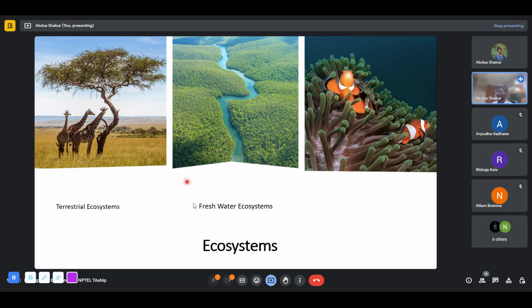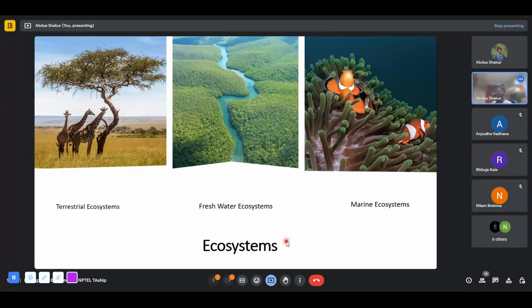and then you have freshwater ecosystems. Rivers, lakes, ponds, streams, all this together comes into freshwater ecosystems. And then you have marine ecosystems: coral reefs, deep water, the ocean, all of this comes under marine ecosystems.